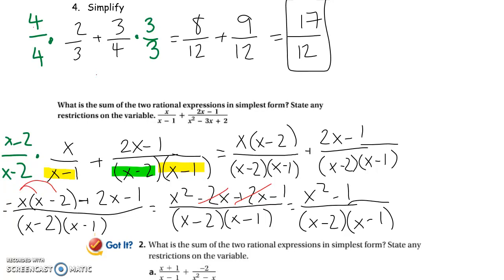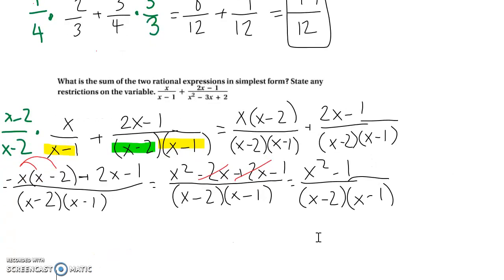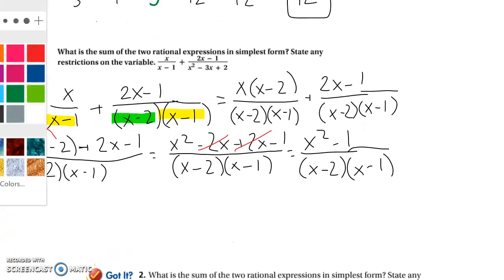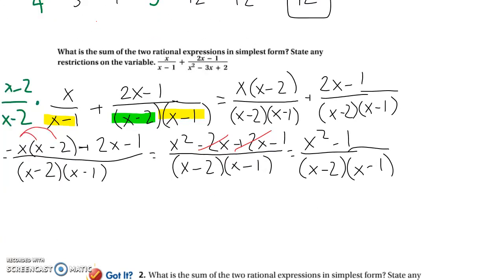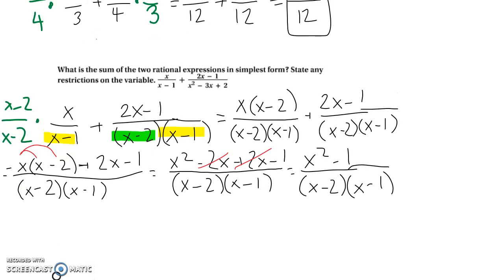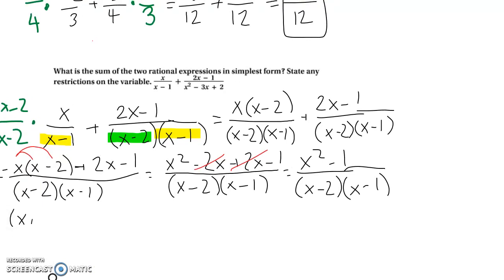Now you can factor the numerator, which factors as x plus 1 times x minus 1. And then we have x minus 2 times x minus 1 in the denominator.